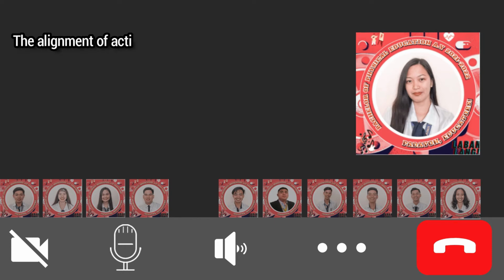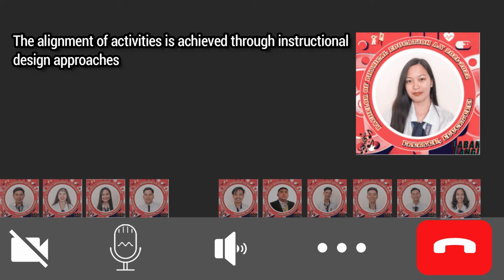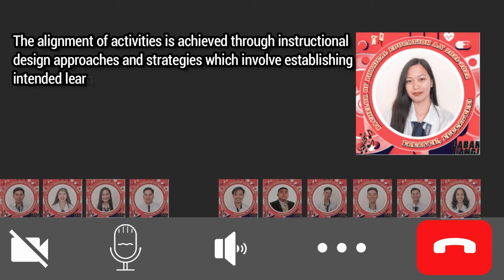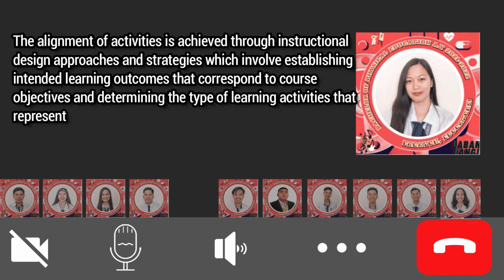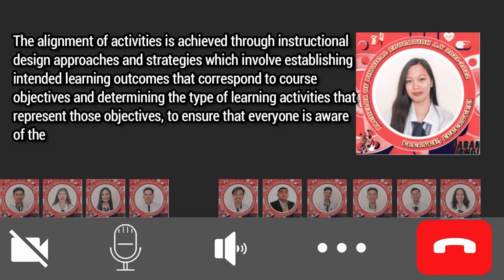The alignment of activities is achieved through instructional design approaches and strategies which involve establishing intended learning outcomes that correspond to course objectives and determining the types of learning activities that represent those outcomes to ensure that everyone is aware of the expectations and achieves the desired outcomes.